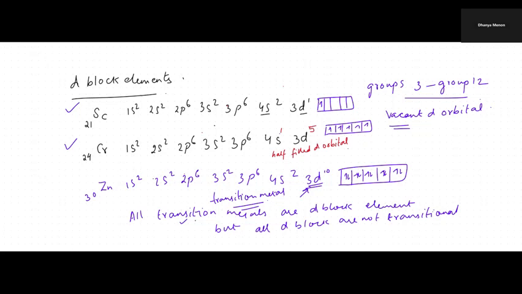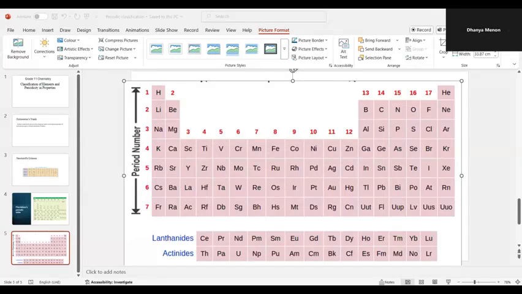Now, first let me show group 3 to 12. This part is called the transition metals. But La and Ac, lanthanide and actinide, and the 14 elements that follow them are called F block elements.